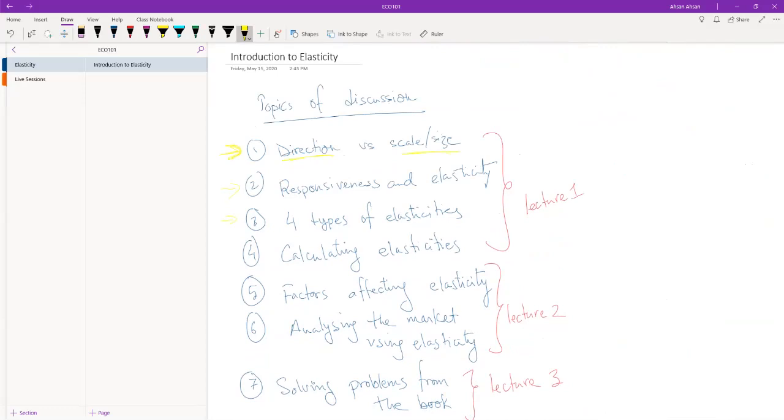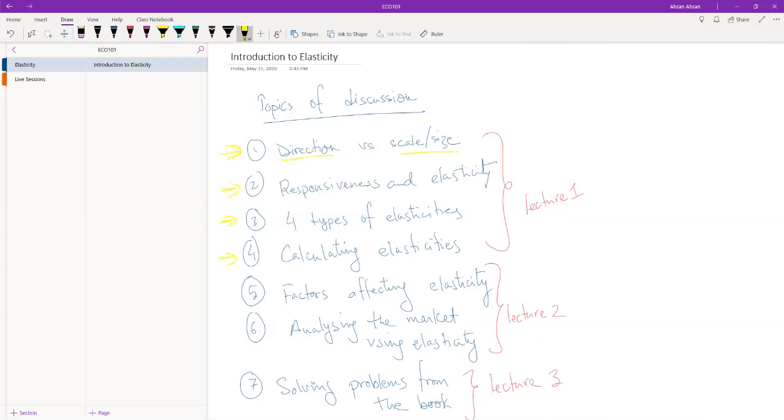We talked about the scale of a relationship. Then we talked about the concept of price responsiveness and elasticity. Then I introduced four types of elasticity: PED, YED, XED, and PES. And we also learned how to calculate elasticities.